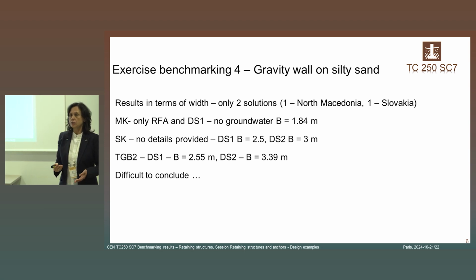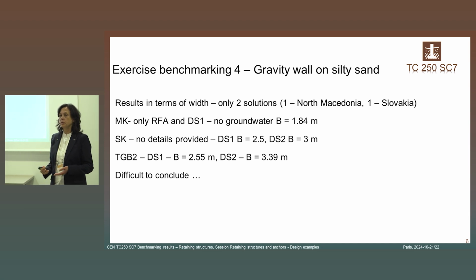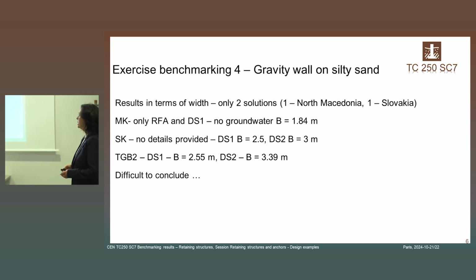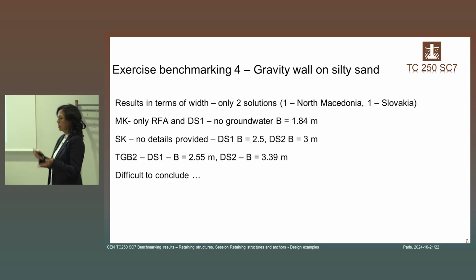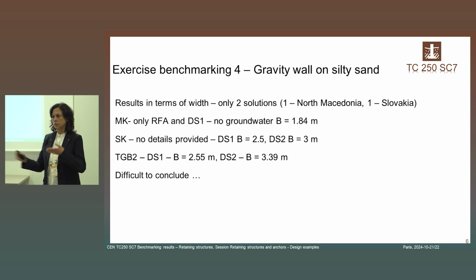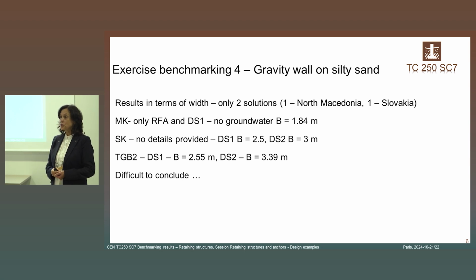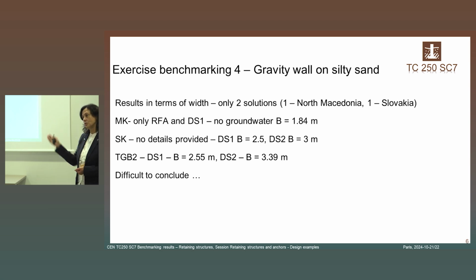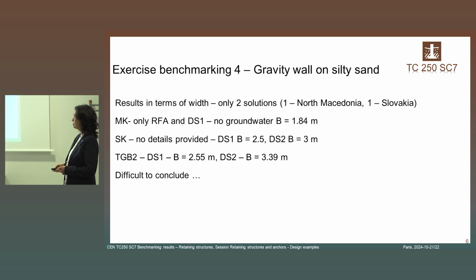Also in Romania, we are not applying RFA, so probably we would not do it with RFA, but only with MFA. And also this matter of how to apply the partial factors to the favorable, unfavorable components seems to be tricky, and this can also explain these differences.